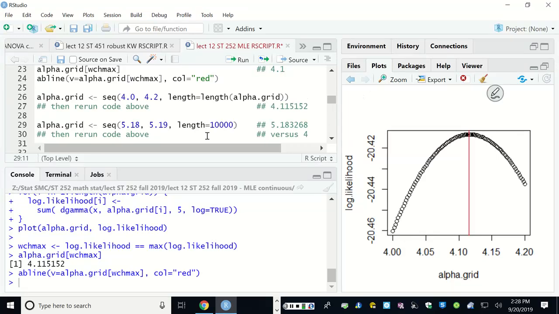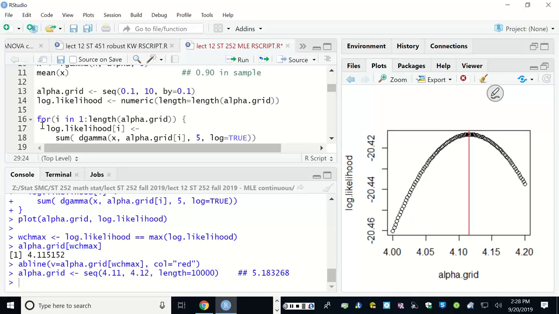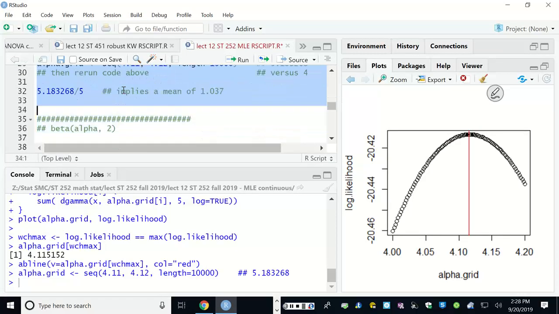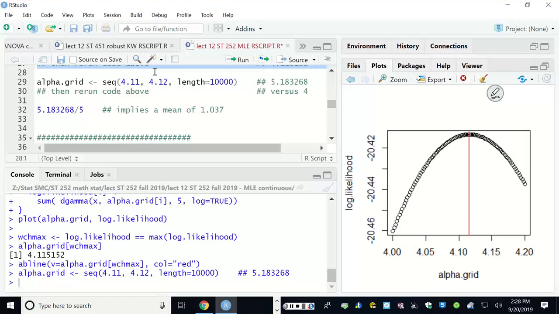Say I want a little bit more, so I'll do 4.11 up to 4.12, and I'll do 10,000 points between those two. That gives me a lot of precision. So I'll change my grid, and then I'll run the calculation again to calculate my log likelihood again. It's sensitive.